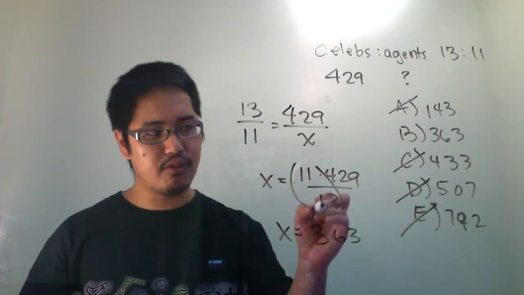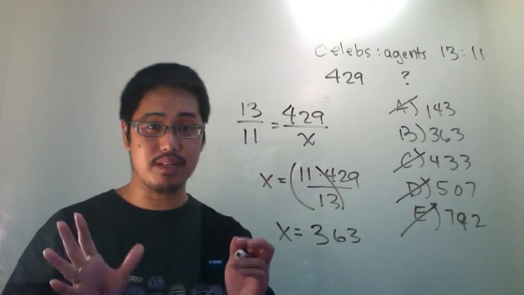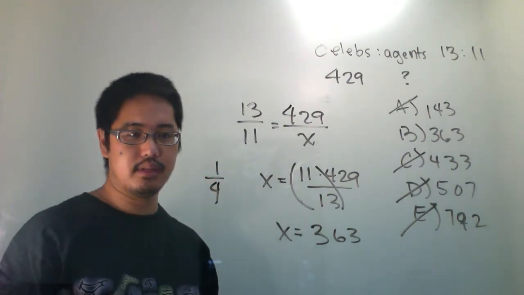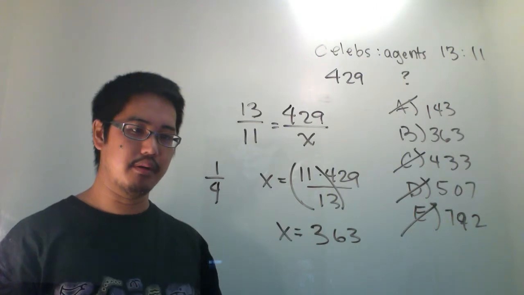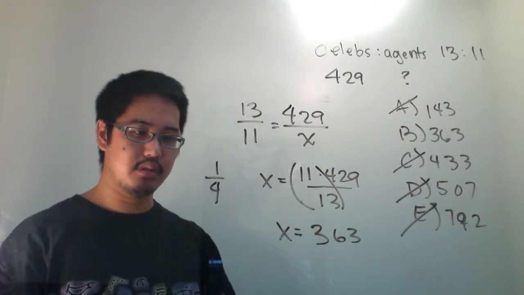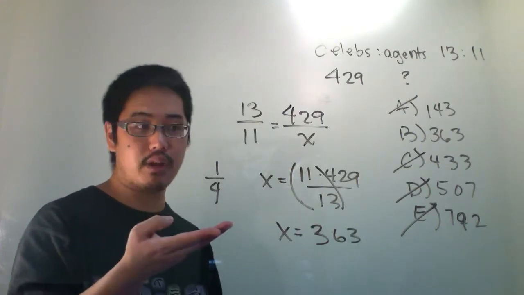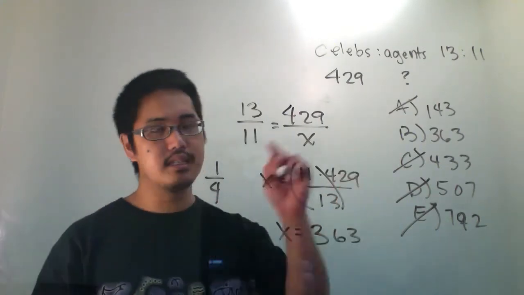If this fraction were closer to something like 1/4, maybe 3/8 or something like that, then I would say A is the more reasonable answer.